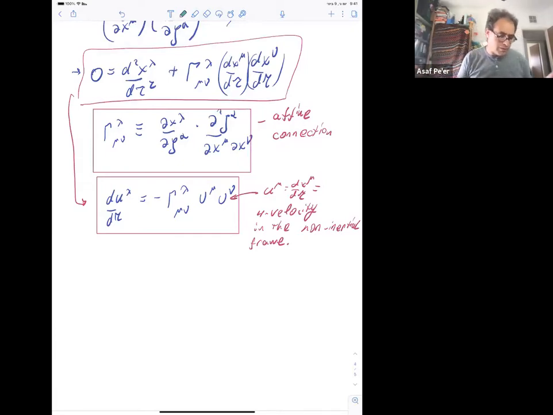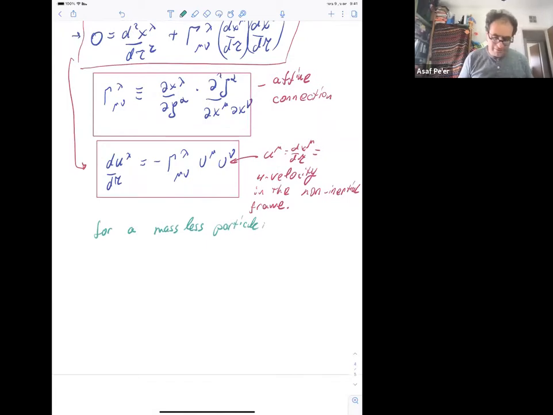Call it sigma. So for a massless particle, rather than tau, I have sigma, so it would be du alpha over d sigma, which is d squared x alpha over d sigma squared, equals 0.